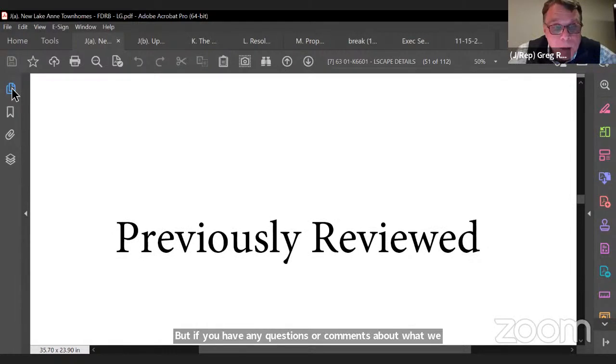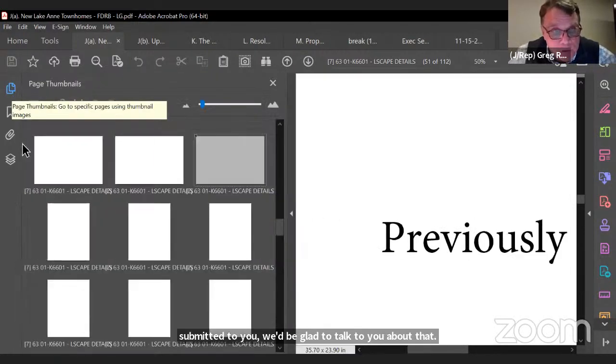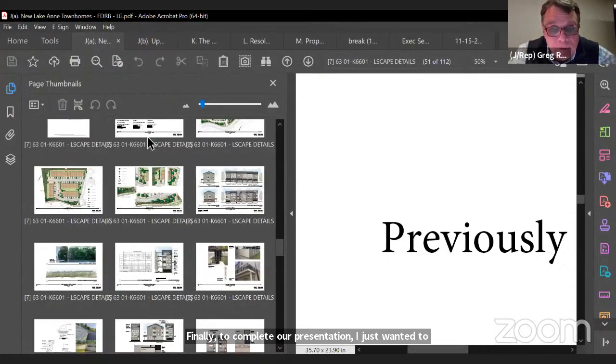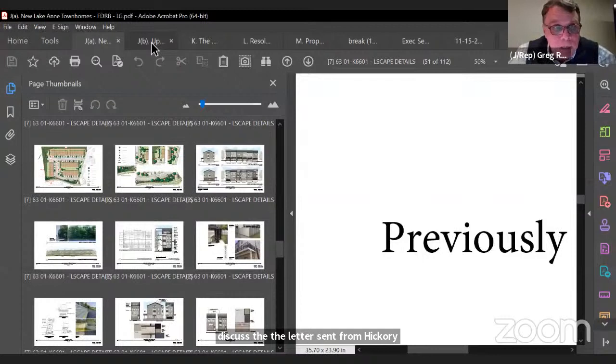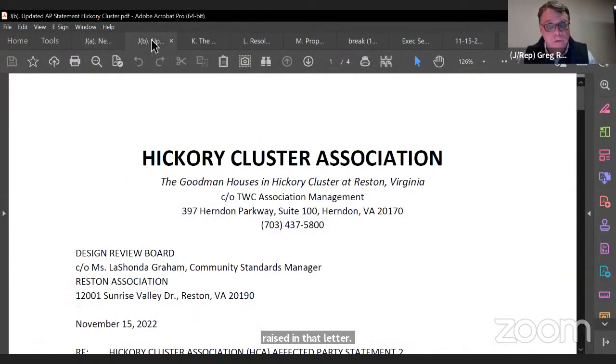And finally, to complete our presentation, I just wanted to discuss the letter sent from Hickory Cluster. We received a copy of it a few weeks ago, and I'd like to take a minute to address the concerns raised in that letter. The first item dealt with exterior vehicle headlights.